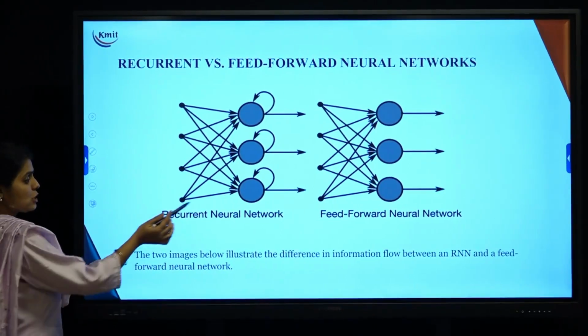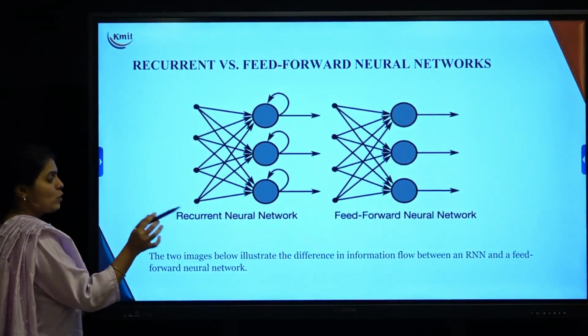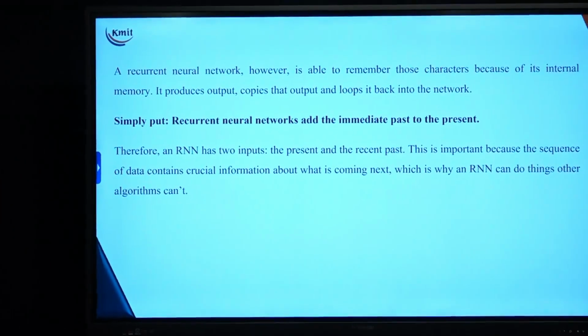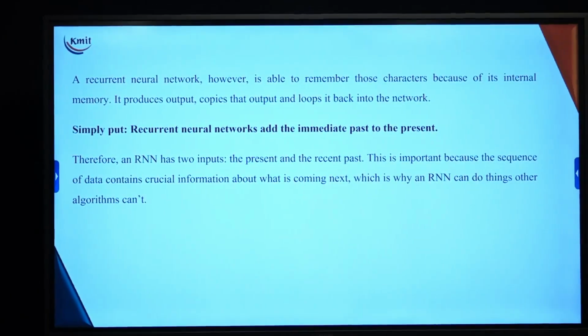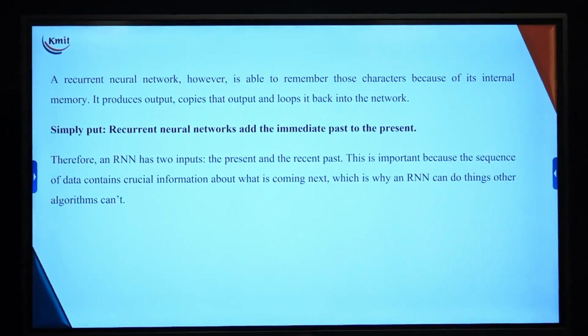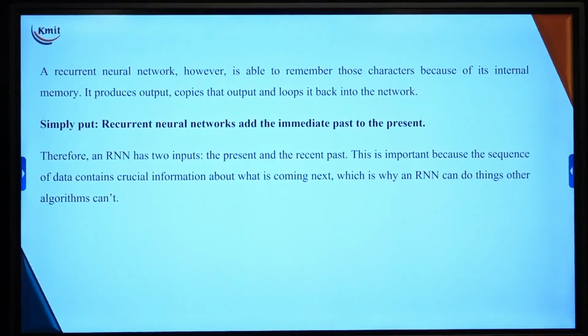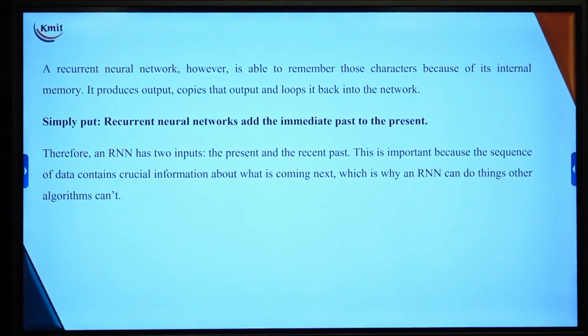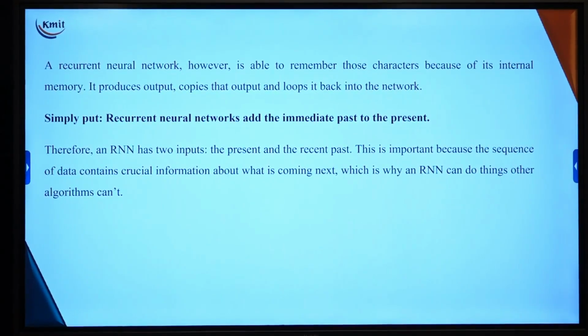This is the difference between a feed forward neural network and a recurrent neural network. A recurrent neural network has the ability to remember data because of its internal memory. That feedback loop serves as an internal memory which will remember the previous data.